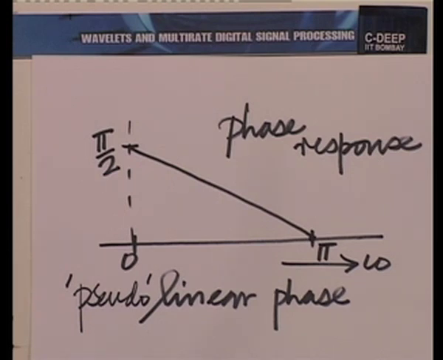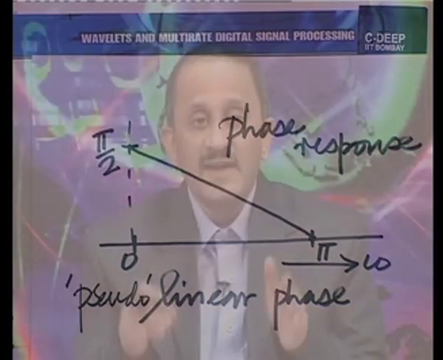seemingly linear phase. In fact, for completeness, let us draw the magnitude and the phase response all the way from minus pi to pi for both of these filters now, for the sake of completeness.